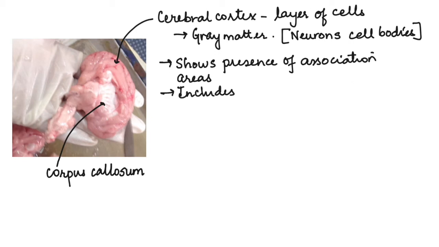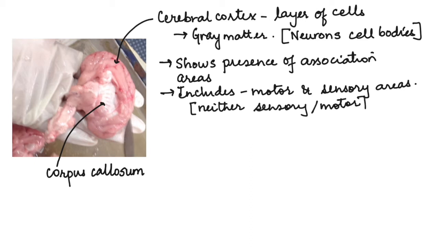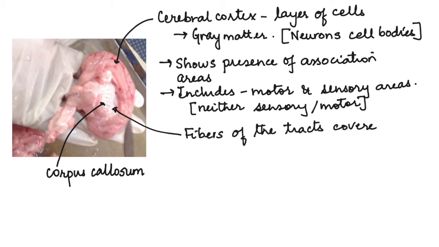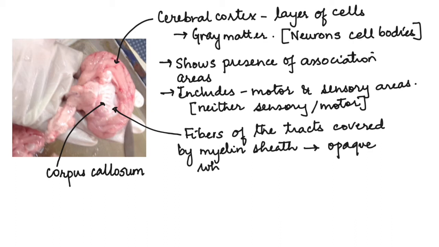Now the cerebral cortex has the association areas that include the motor and the sensory areas, but there is no bifurcation of the motor or sensory areas here. These are called the association areas, and the corpus callosum is made of fibers of the tracts that are covered with myelin sheath. Because they are covered with myelin sheath, they appear opaque white, and that is why it is called the white matter.